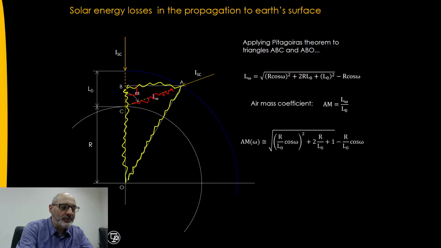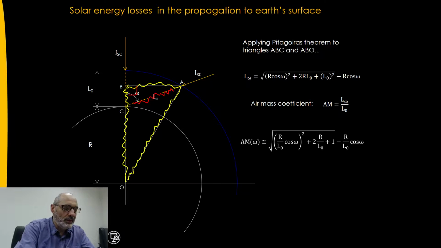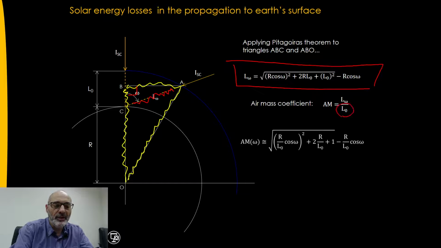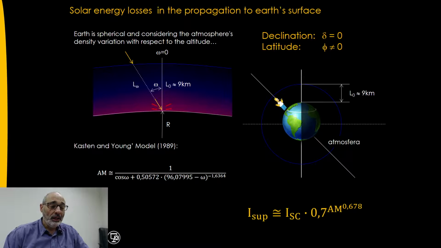So you know from the geometry classes you have two right triangles, and you can use this formula here for L omega, and if you divide by L0, you get the corresponding formula that was in the previous line for the air mass coefficient. So it's very simple.